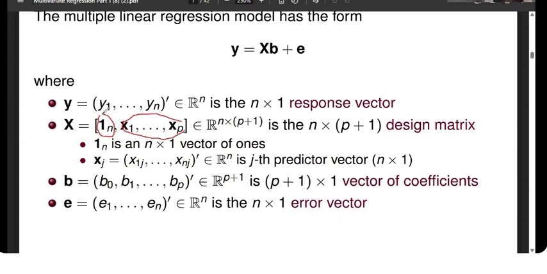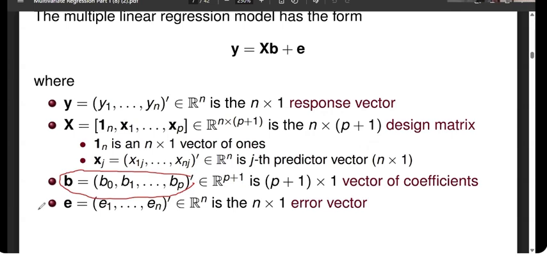Because of that, the dimension is now, instead of n by p, going to be n by p plus 1. The plus 1 is actually the intercept. Now, these are the regression parameters: b naught, then b1 to bp, which is p plus 1 by 1. You're also estimating the intercept. Does that make sense? There's a lot of story here.